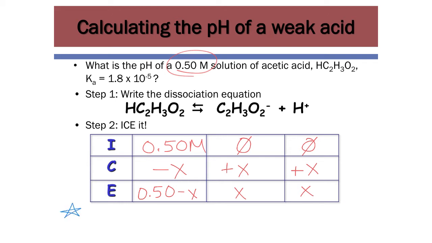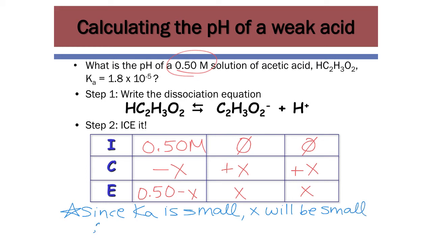Since our K is small, we can feel confident knowing that x will be small. Therefore, 0.5 minus x is going to be approximately equal to 0.5.